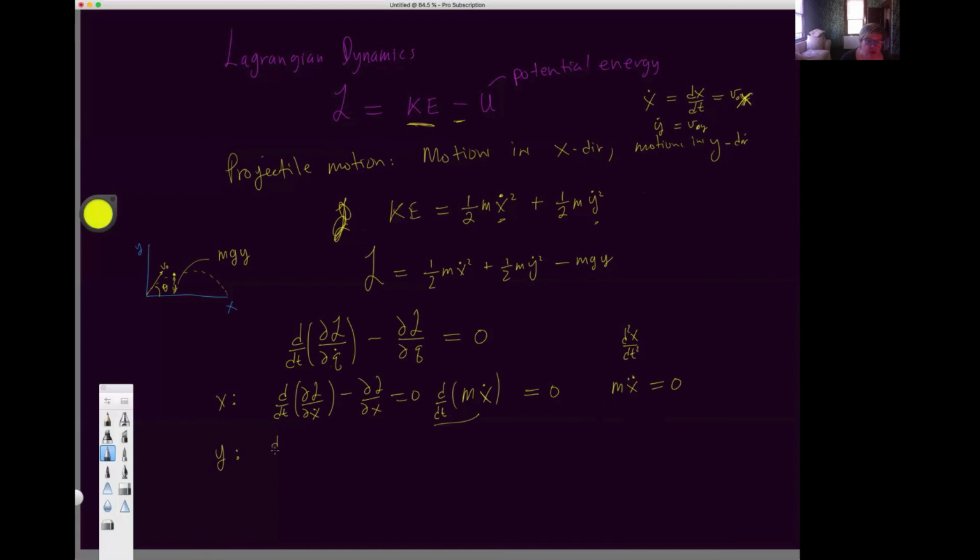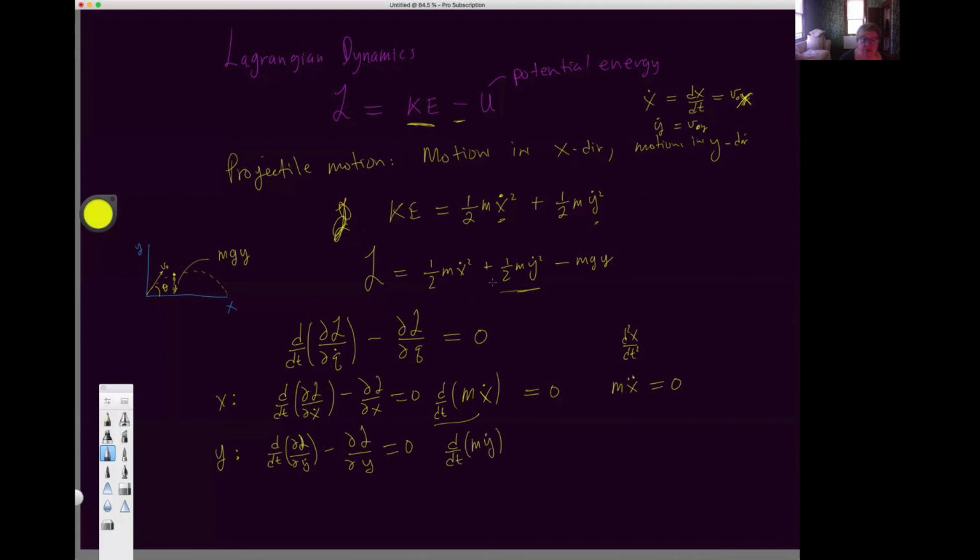So now q is y, so d/dt of partial L, partial y dot, minus partial L, partial y is equal to 0. Let's implement that. The partial L, partial y dot just gives us the derivative here, so we have d/dt of m y dot.